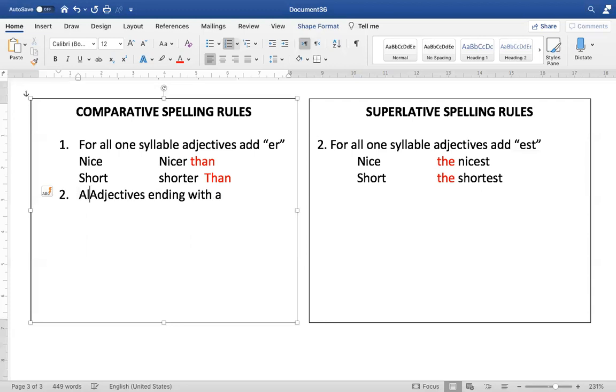It can be one syllable, two syllable, or three syllable adjectives. So for all adjectives ending with a Y, we change the Y into I and add ER. For example, lazy, pretty, healthy.